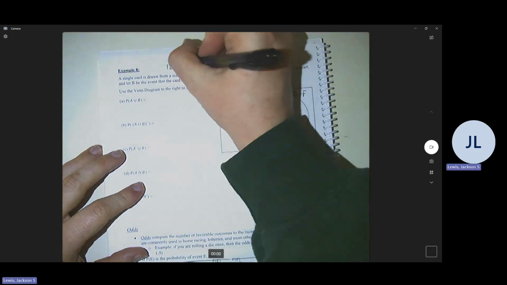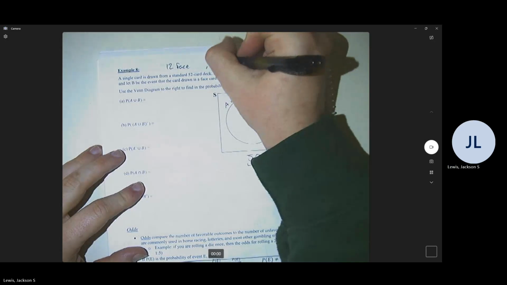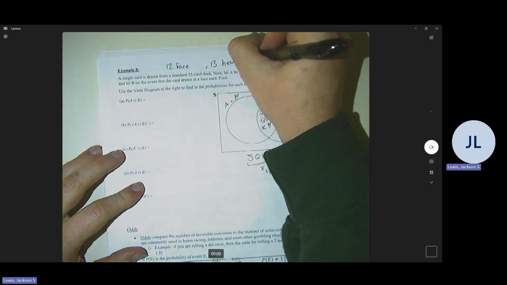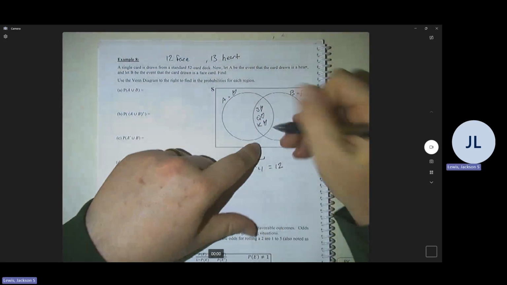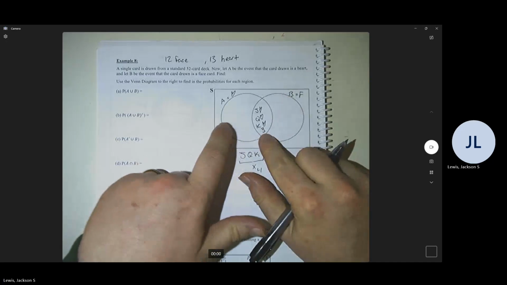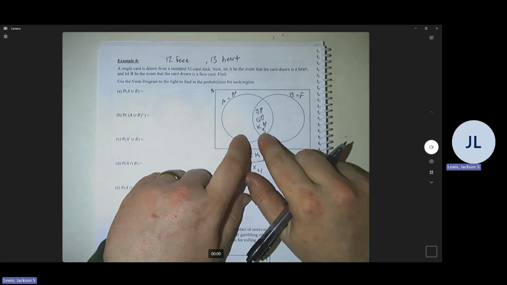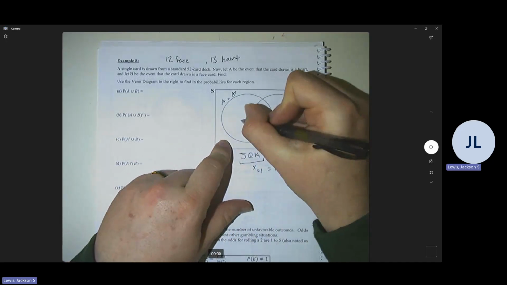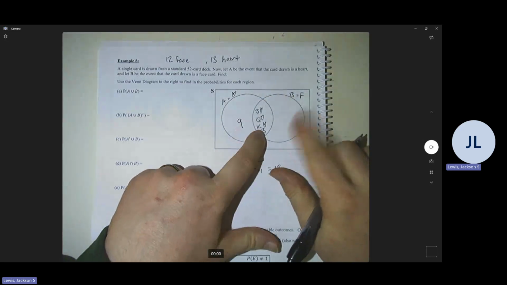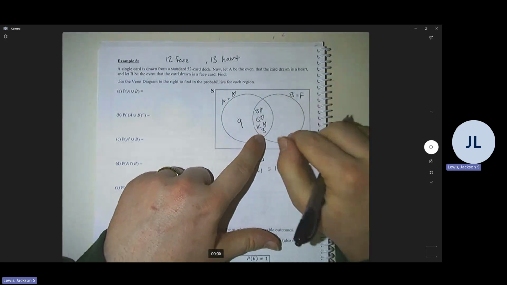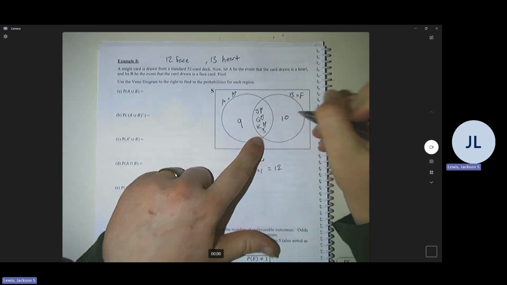So I'll write here, 12 face, 13 heart. If there's 3 here, then 3 plus something should equal 12, so there's going to be 9 over here. And 3 plus something should equal 13, so 10.